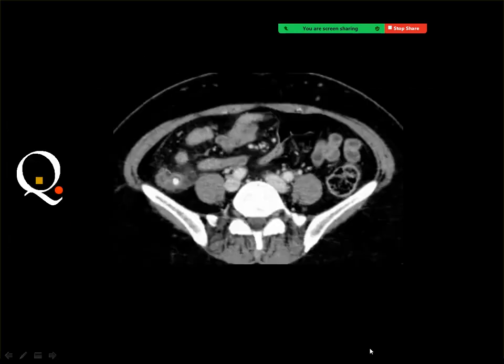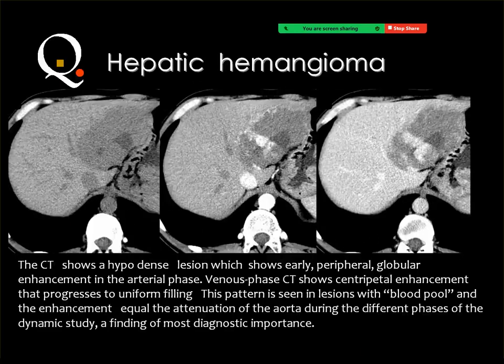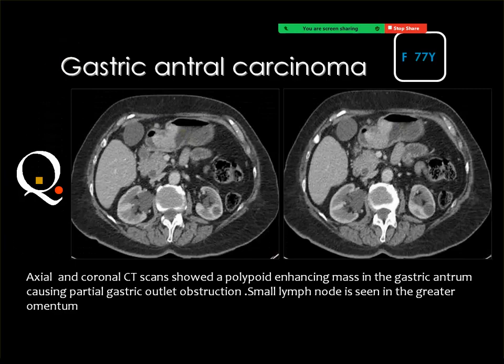What about the right renal pelvis, Ustaz? Yes, this is a parapelvic cyst. It is not a hydronephrotic kidney because the calyces are okay. And this is another cystic lesion.